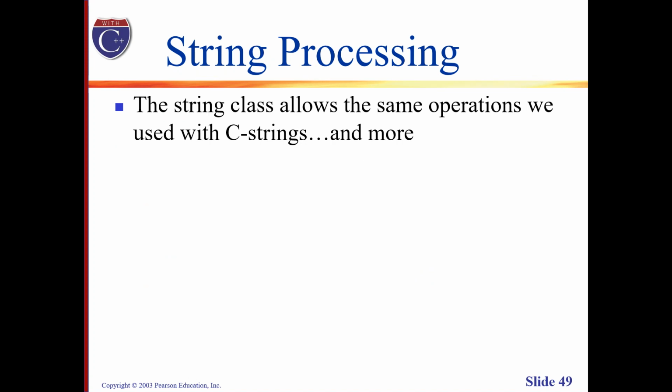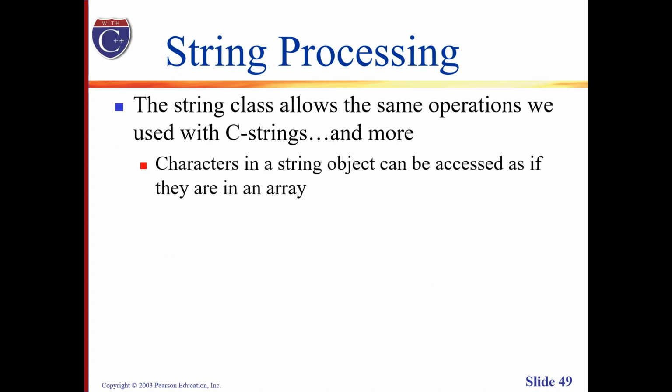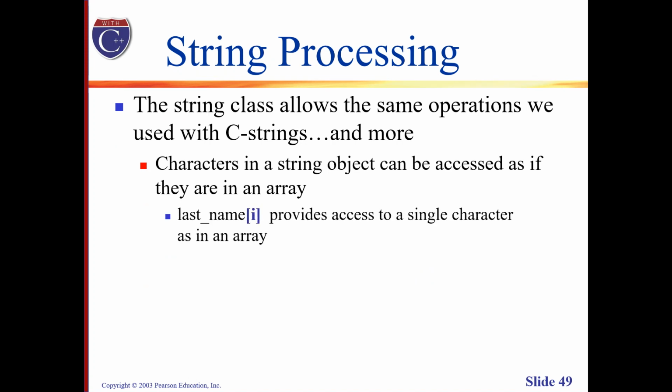Let's talk about string processing. The string class allows the same operations we use with C strings and more. Characters in a string object can be accessed as if they are in an array. For example, this would provide access to a single character as in an array.